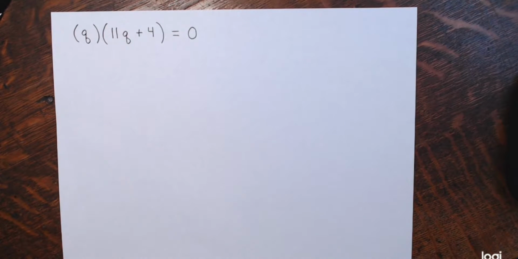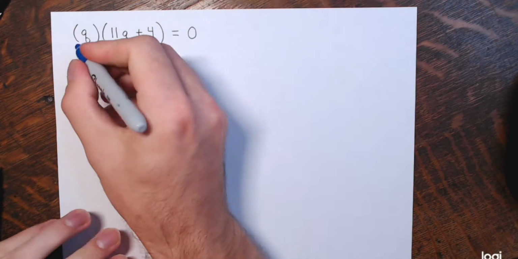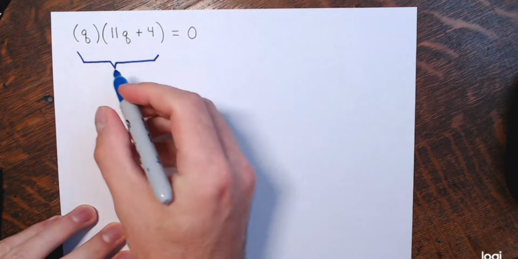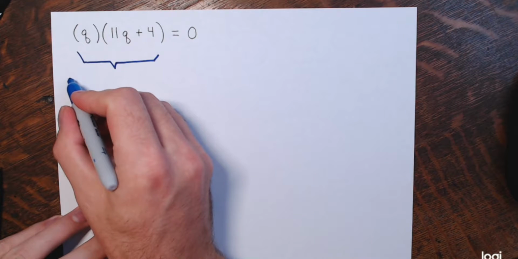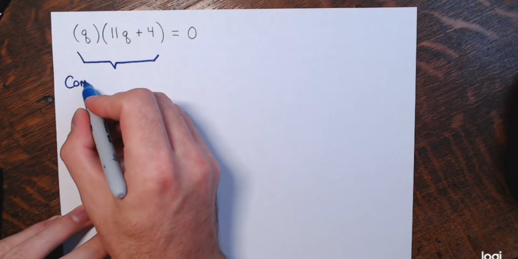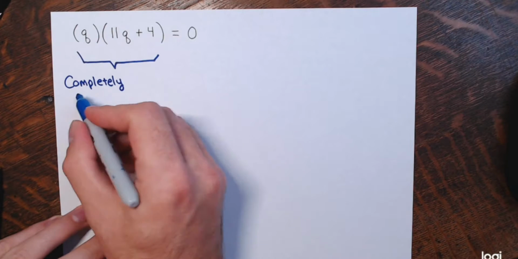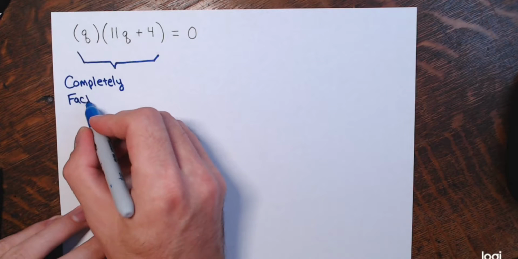So as I mentioned, this is what we want in every polynomial equation. I want a completely factored polynomial on one side, or just factored.